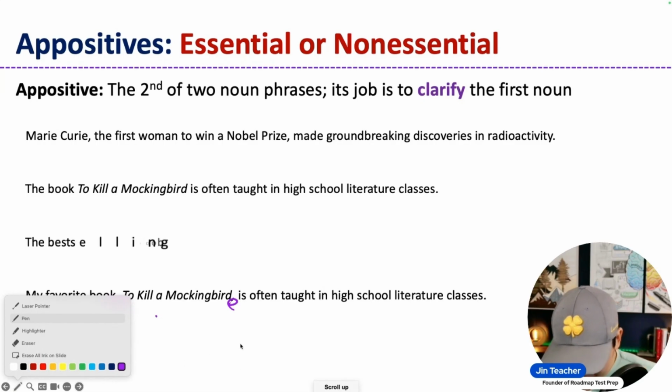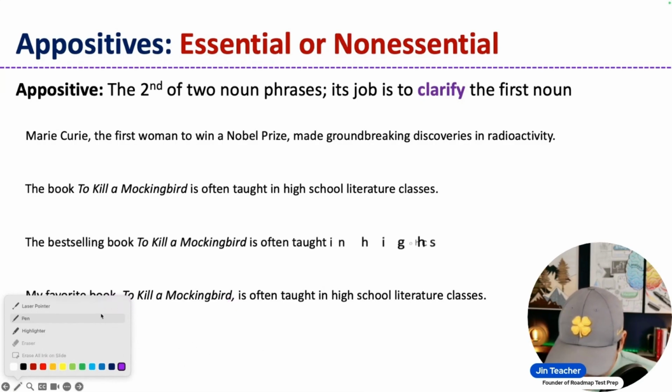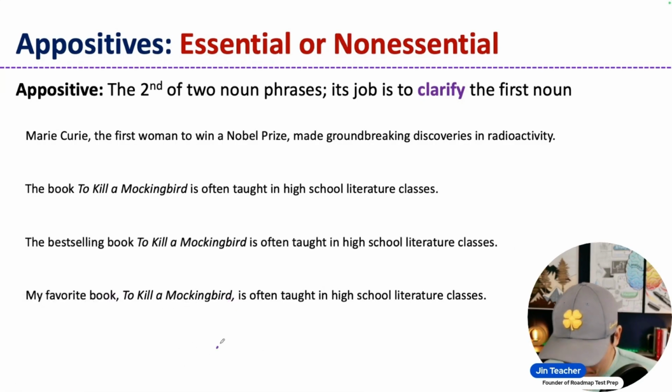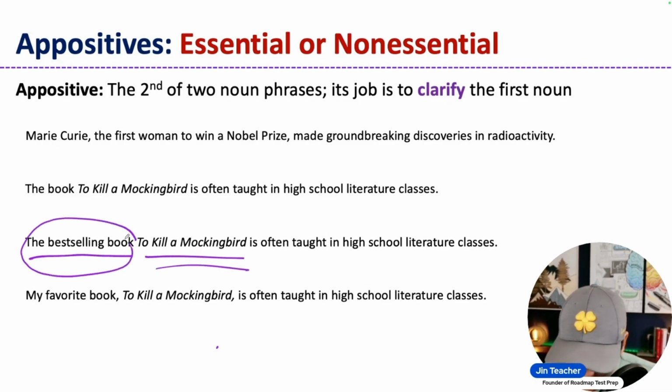What about this example here? The best-selling book, To Kill a Mockingbird, is often taught in high school literature classes. Notice we have two noun phrases next to each other. The best-selling book is my first noun. To Kill a Mockingbird is my second noun. Now, in this case, haven't you seen many best-selling books? There's even a bestseller section in the bookstore. There's many, many bestsellers.